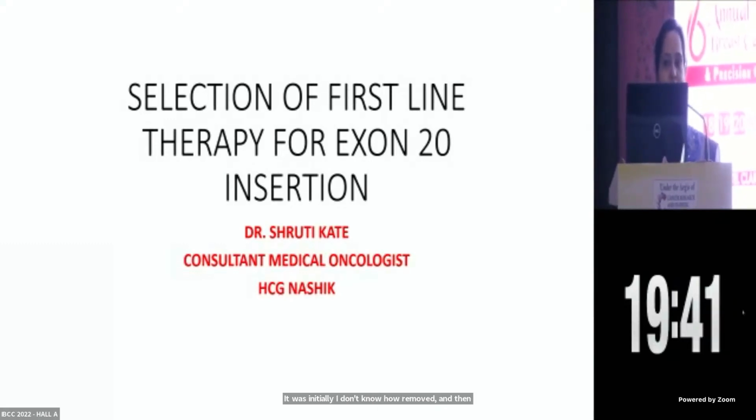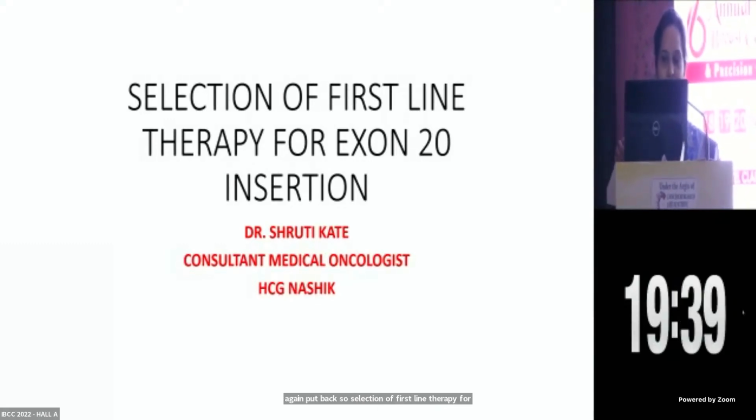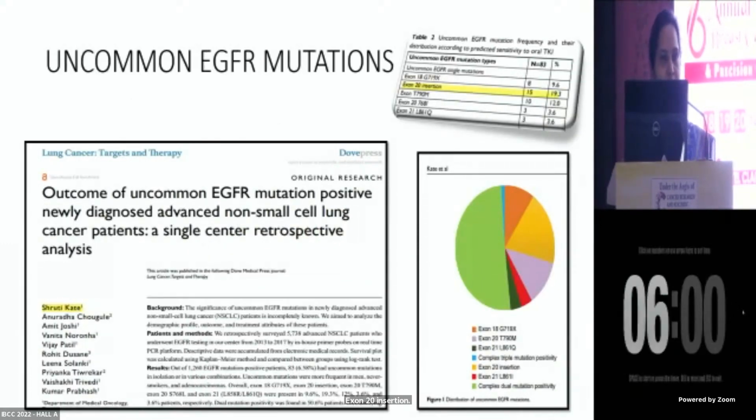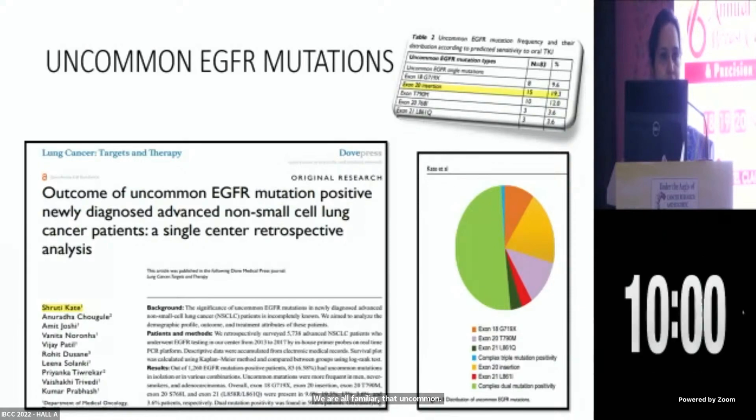Selection of first line therapy for exon 20 insertion. We are all familiar that uncommon EGFR mutations do need a specific kind of treatment depending on what the EGFR mutation is. This is a retrospective analysis of patients treated in Tata Memorial Hospital.